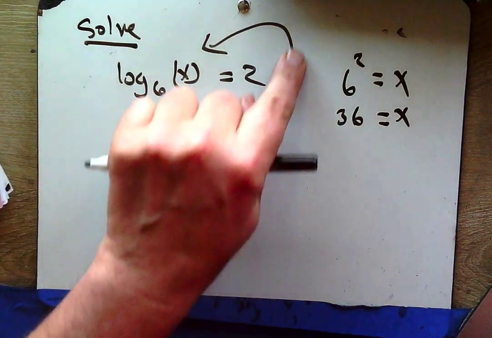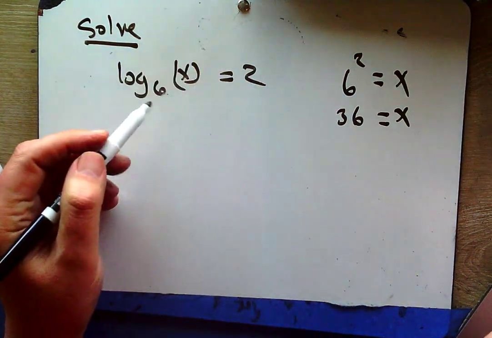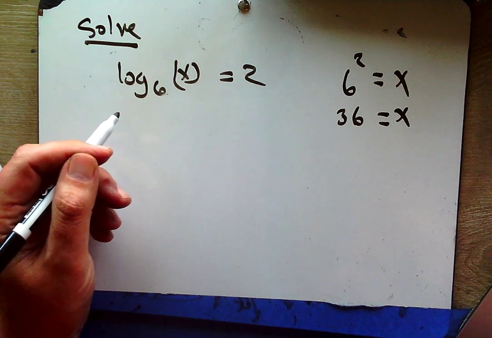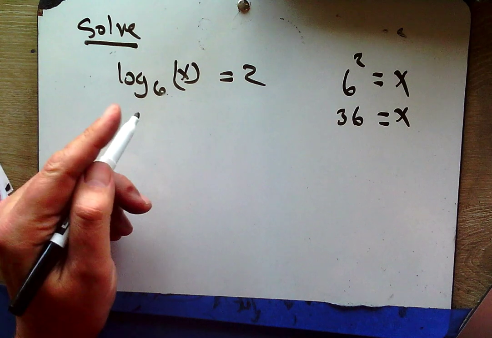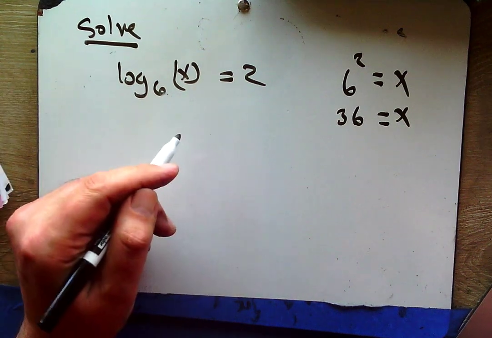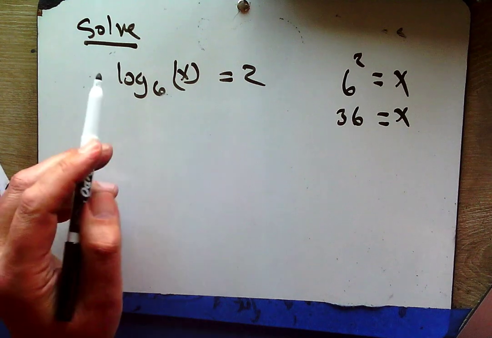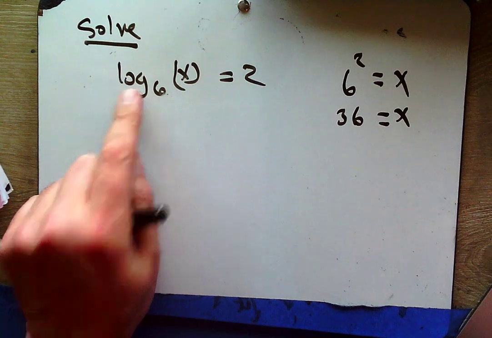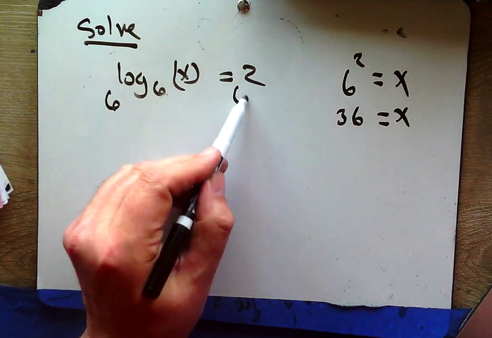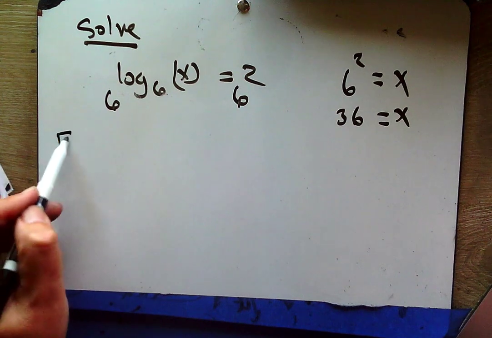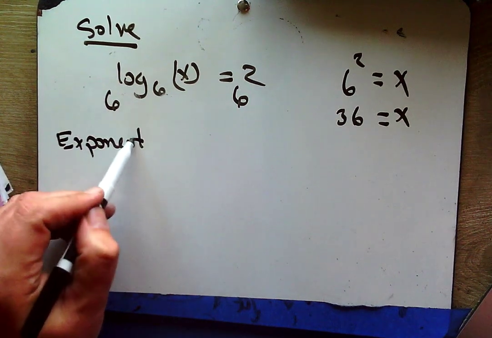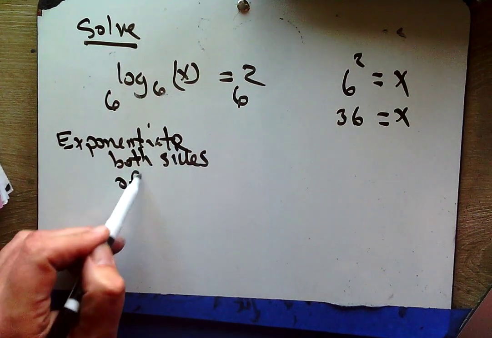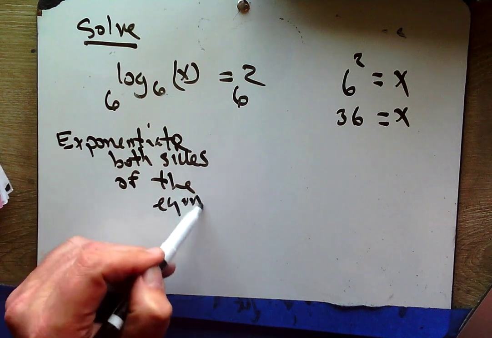Now, remember logs and exponentials are inverses, and because they're inverses, like adding and subtracting, or multiply and divide, they undo each other. So if I want to undo this log, I need to exponentiate. No, really, it's a verb. Exponentiate both sides of the equation.